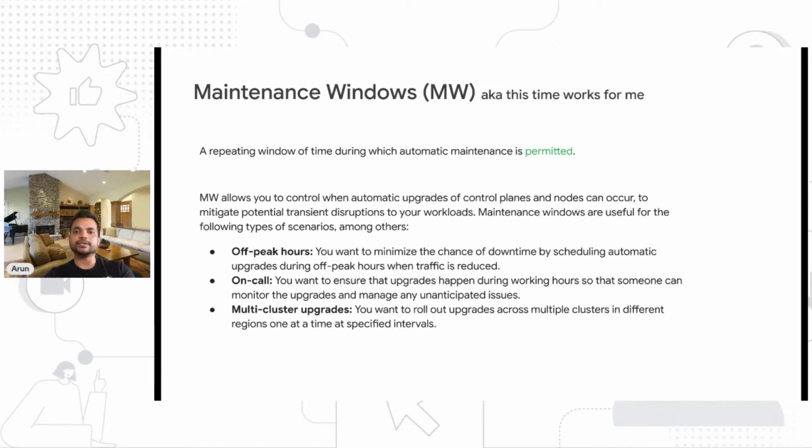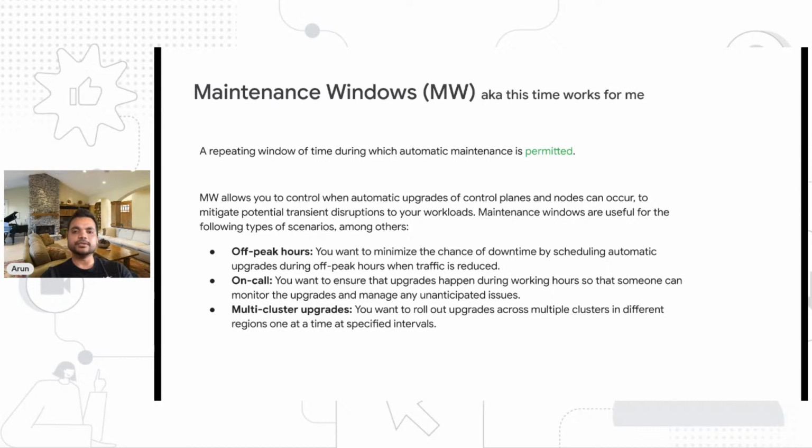So maintenance window and maintenance exclusion, we'll talk in detail about what these two features are and how we can use them to align our GKE cluster upgrade to whatever time makes sense to us, right?